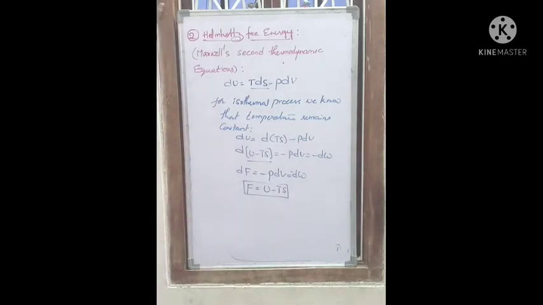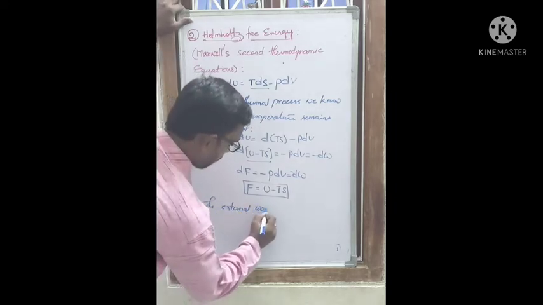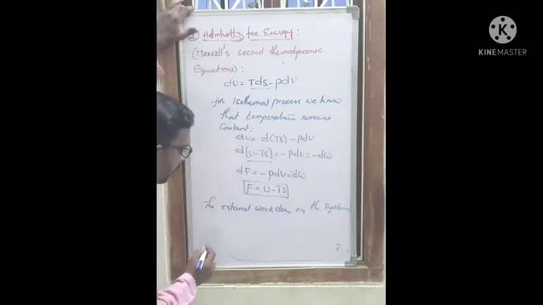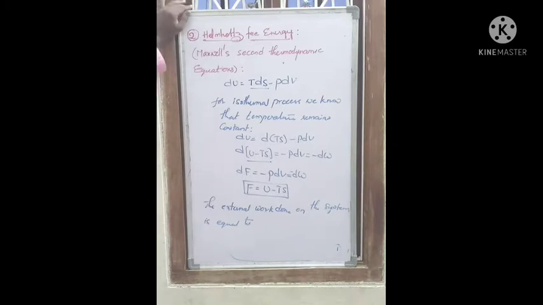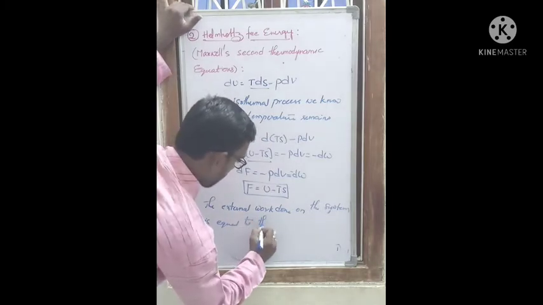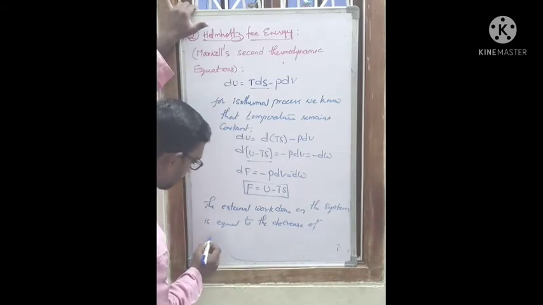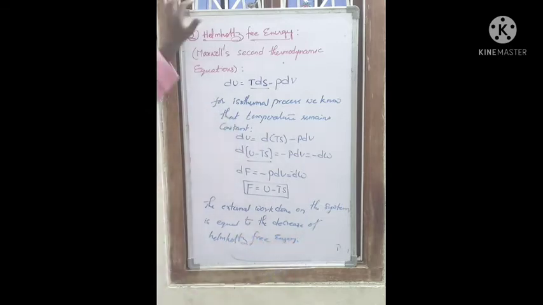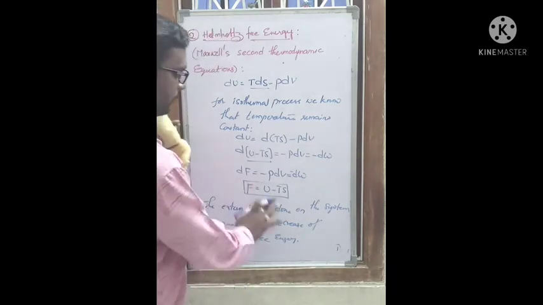Let us write here: the external work done on the system is equal to the decrease of Helmholtz free energy, or otherwise we'll write decrease in Helmholtz function. Okay, Helmholtz function. So up to here you have to remember.